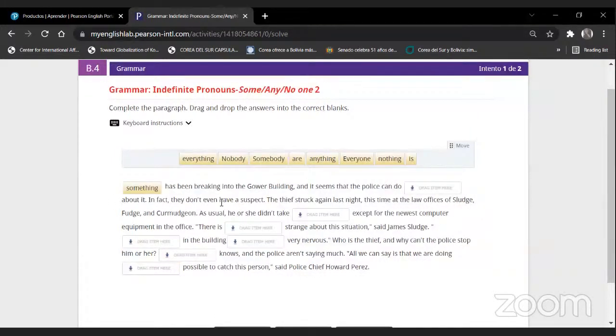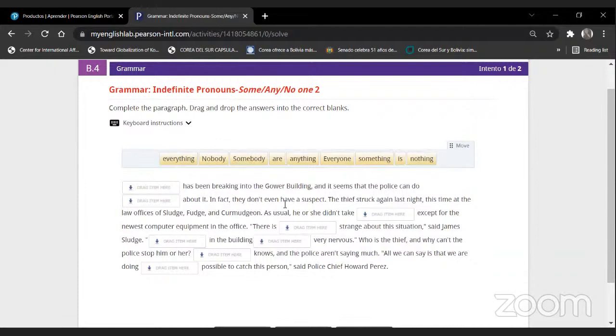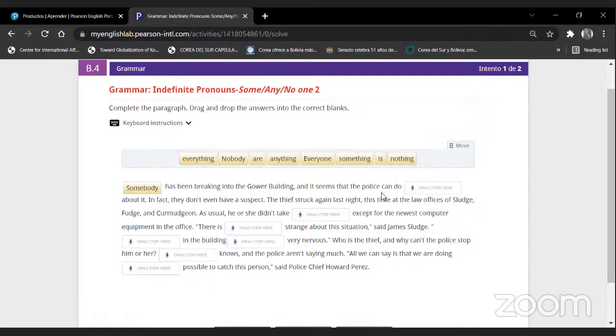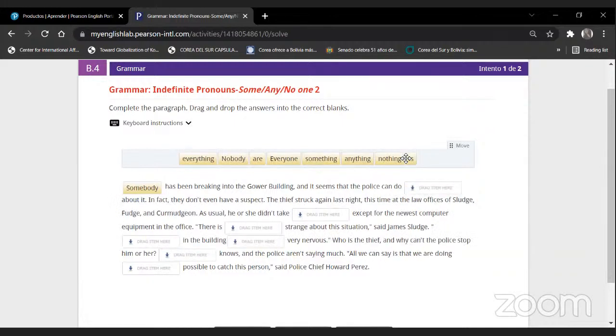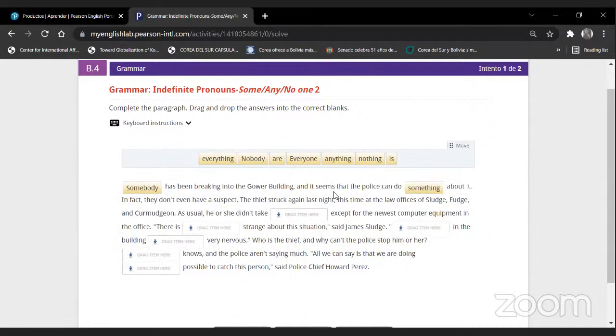Somebody has been breaking into the Gower building and it seems that the police can't do anything about it.